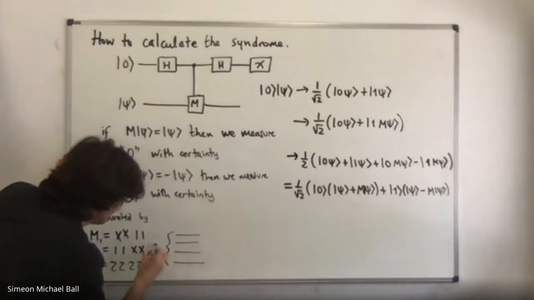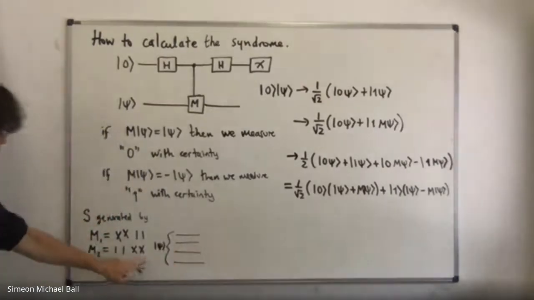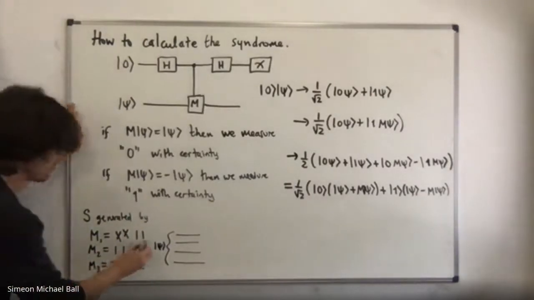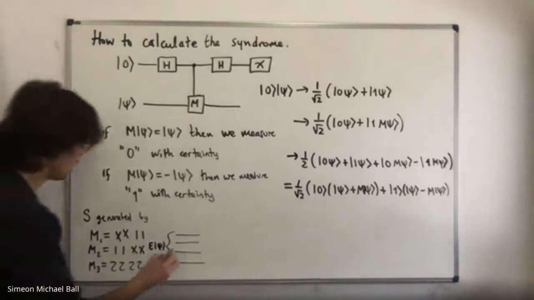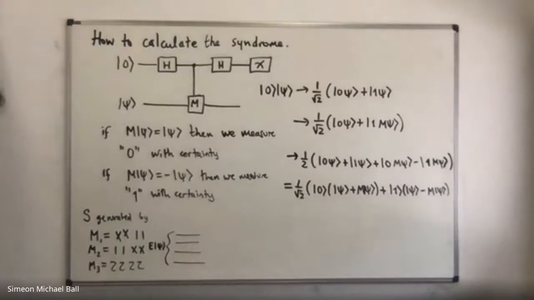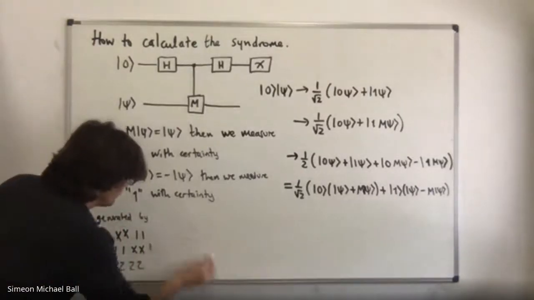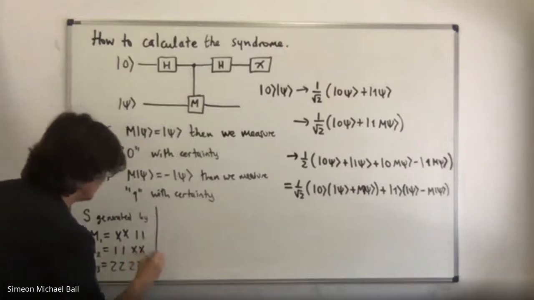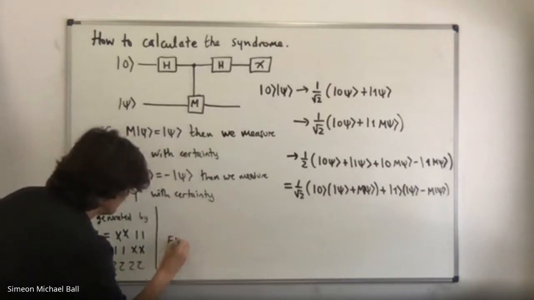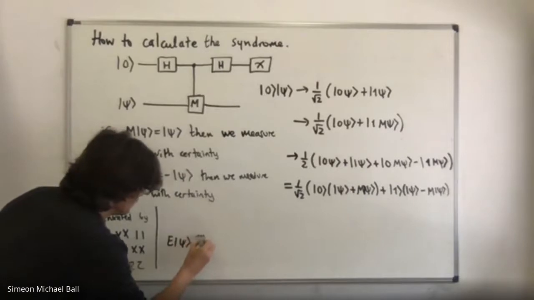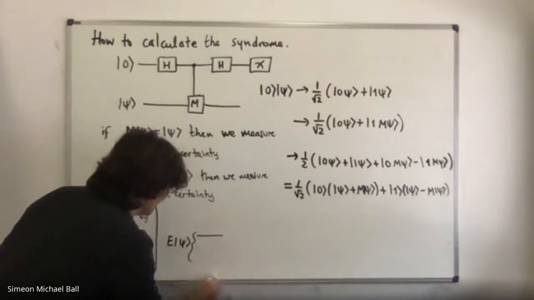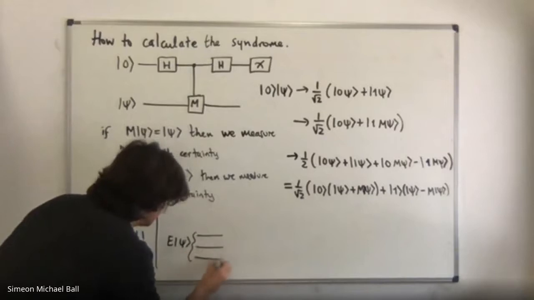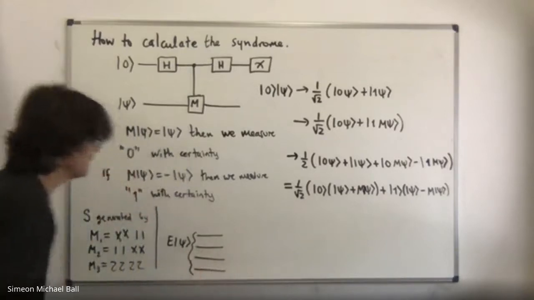So here I, in theory, have my encoded qubit psi, but it might have been subjected to some error. So here I have E times psi, and here we've got our coding.